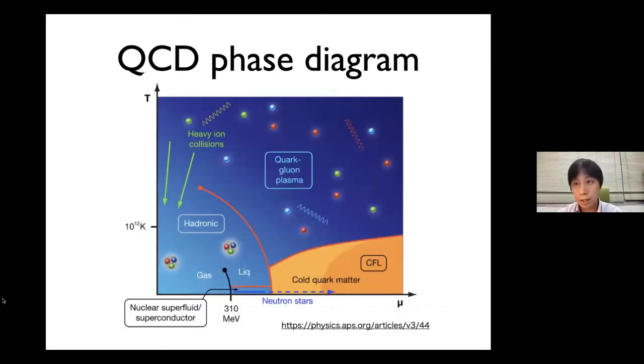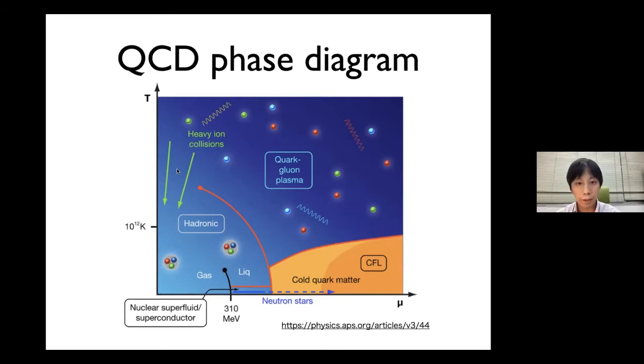One of the main physics motivations in my talk is to understand the states of QCD matter under extreme conditions. This is summarized in the QCD phase diagram, typically as a function of baryon chemical potential and temperature.